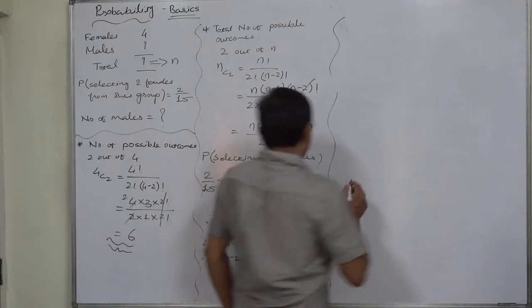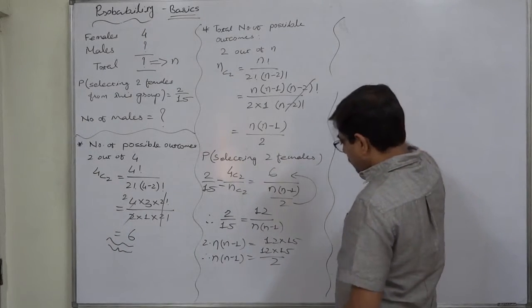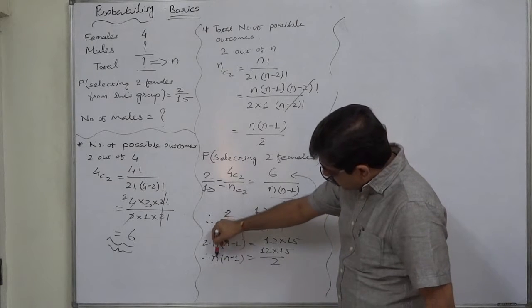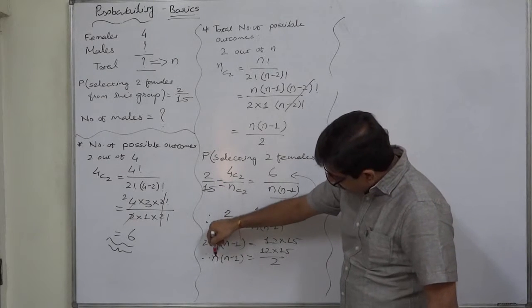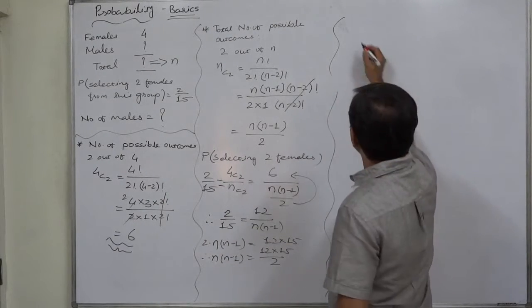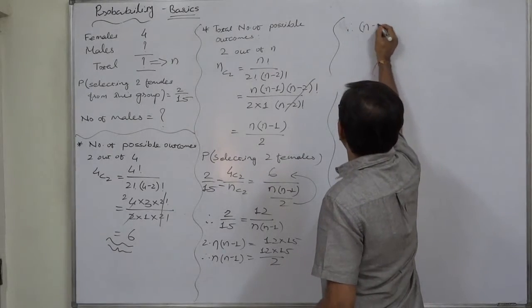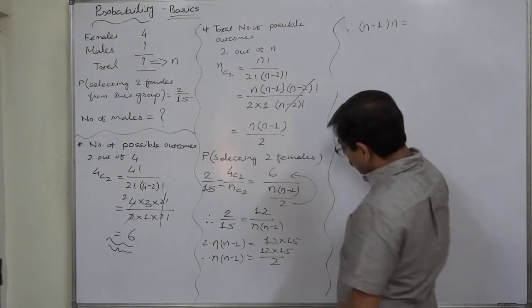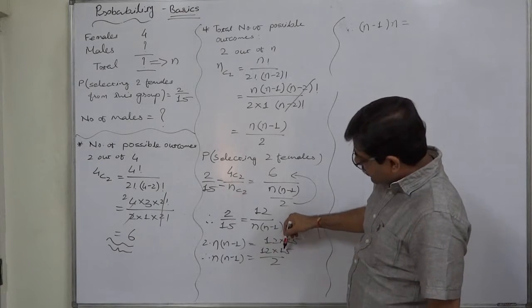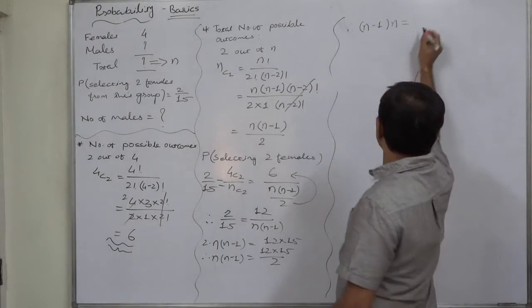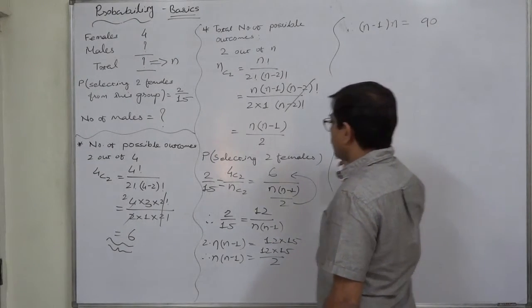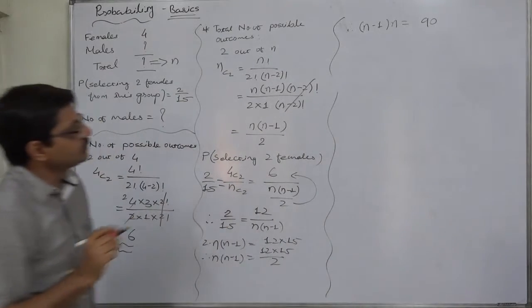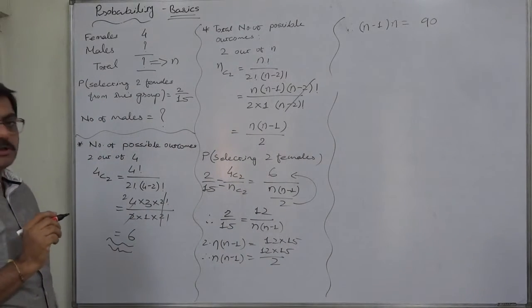Now these two are consecutive numbers. Let us write them in order from lower to higher. So n minus 1 into n equals 12 into 15 is 180, divided by 2 is 90. So the equation is n minus 1 into n equals 90.